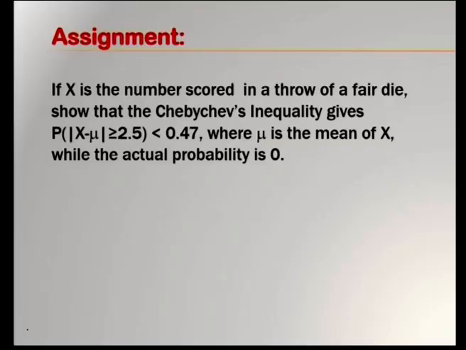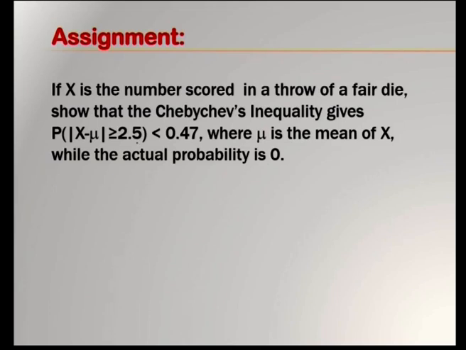Now, based on the discussions in this session, this assignment problem can be solved using Chebychev inequality. That is, if x is the number scored in a throw of a fair die, show that the Chebychev inequality gives P of modulus of x minus mu greater than or equal to 2.5 is less than 0.47, where mu is the mean of x, while the actual probability is 0.